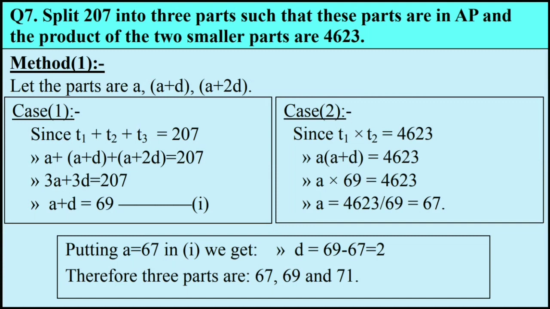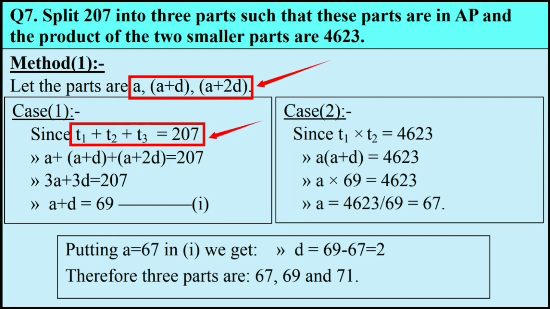First way, assume the three terms as usual: a, a plus d and a plus 2d. Let's observe the first block. According to the question, the sum of these three terms is 207. Hence T1 plus T2 plus T3 equals 207.